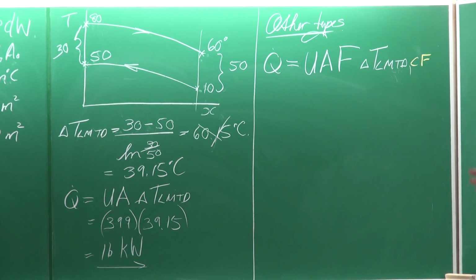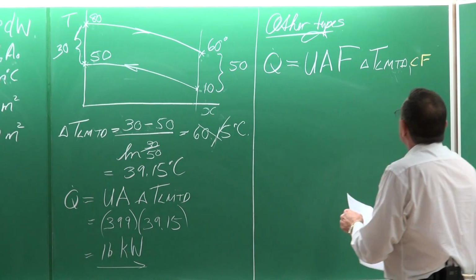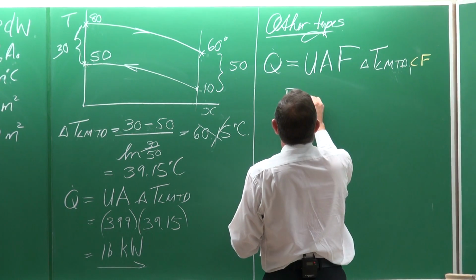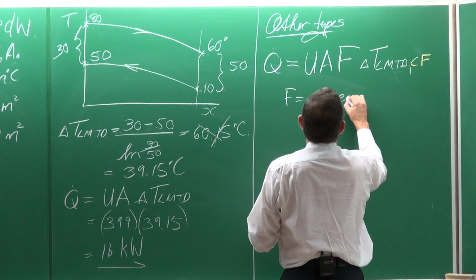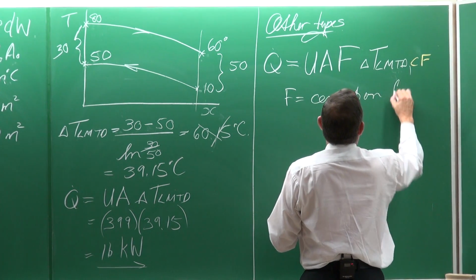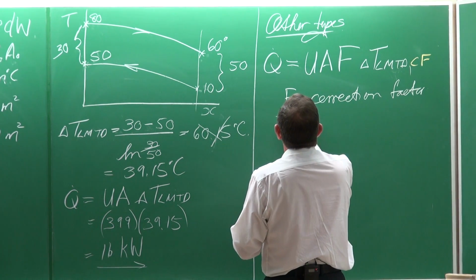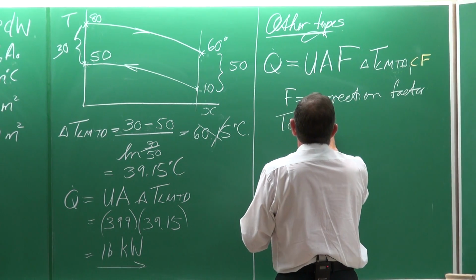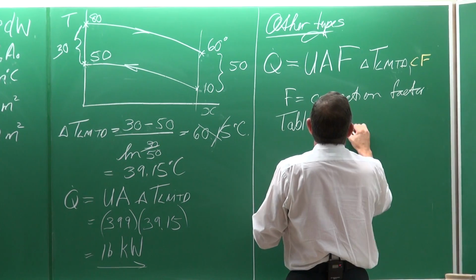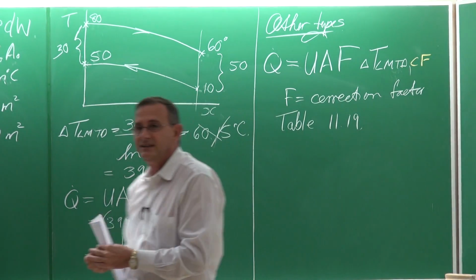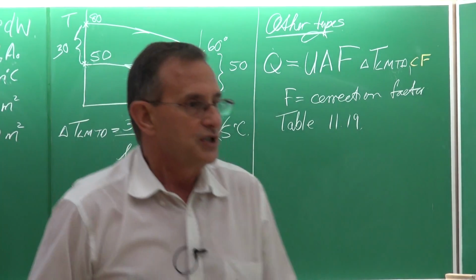We're going to do examples and I'm going to show you exactly what I mean with that. So F is the correction factor. And typical correction factors for different types of heat exchangers is given in table 11.19 in your textbook. Let me show you some of that.